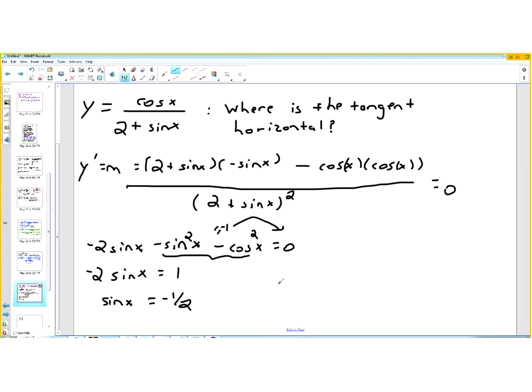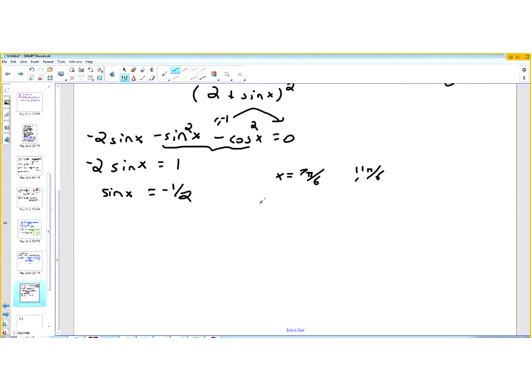So this would happen at x equals 7 pi over 6 radians, or at 11 pi over 6 radians on the unit circle. All right, and now we just extend this by periodicity.